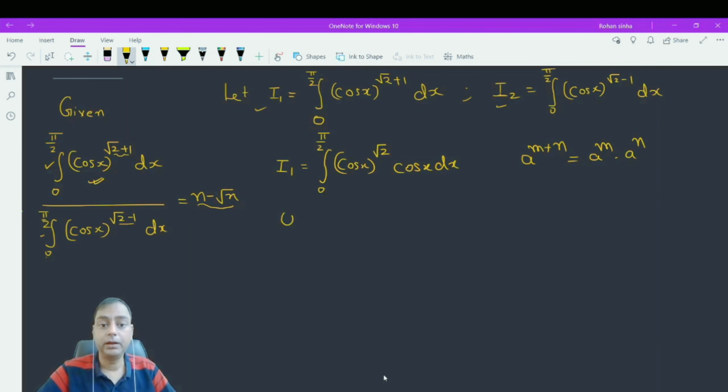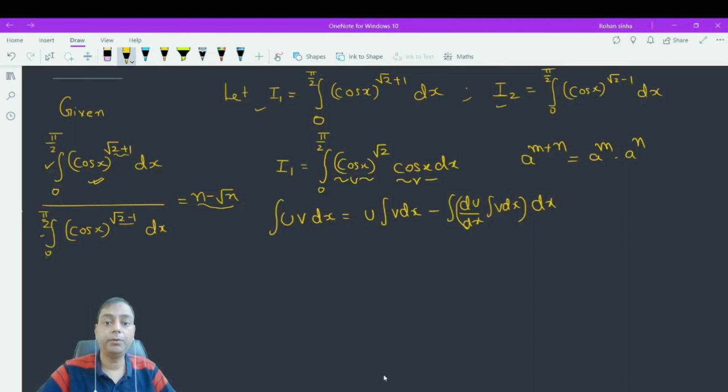We know that the integral of u into v dx is equal to u into the integral of v dx minus the integral of du by dx into the integral of v dx, whole dx. Now take this function as u and this function as v. Now using integration by parts, what we find?